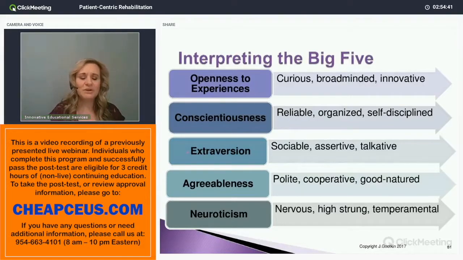So let's say you're someone who is open to experiences. You're very complex mentally thinking. You tend to be a little more experimental, imaginative, intellectual. So depending on what patient population you're working with, maybe in pediatrics, that's really great.